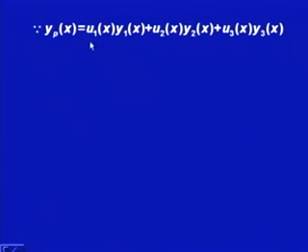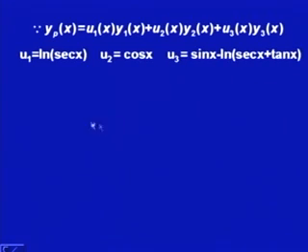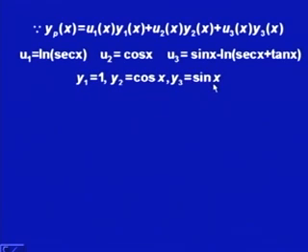So, yp is u1x y1x plus u2x y2x plus u3x y3x. Since we are having this third order one, we will have only 3 terms. u1, u2 and u3 we just now obtained. y1, if you remember, was 1, y2 was cosine x and y3 was sin x.